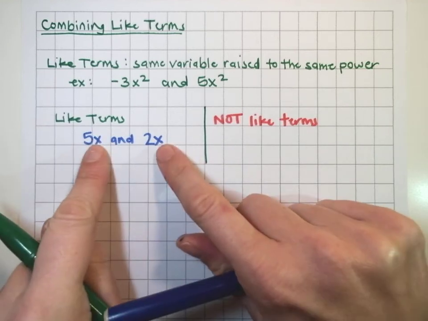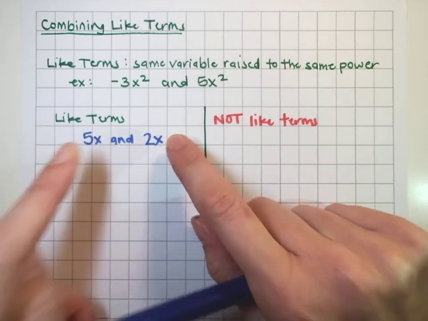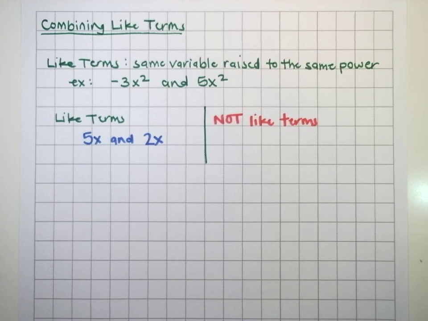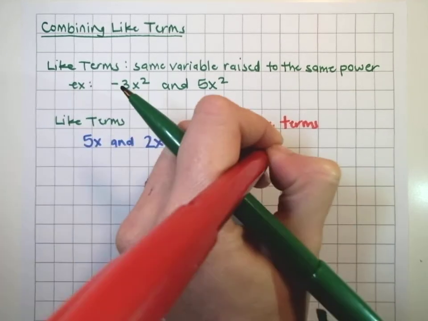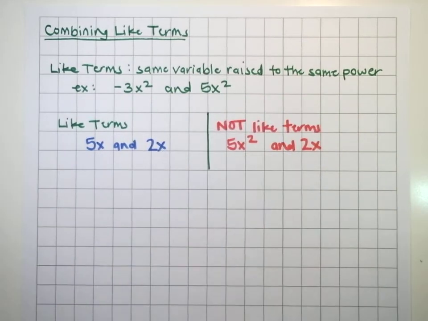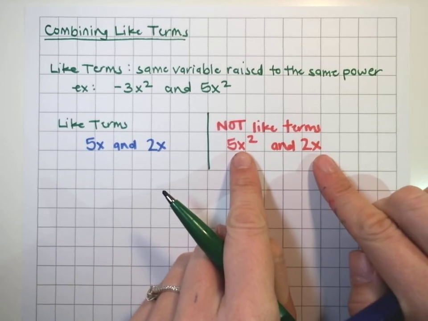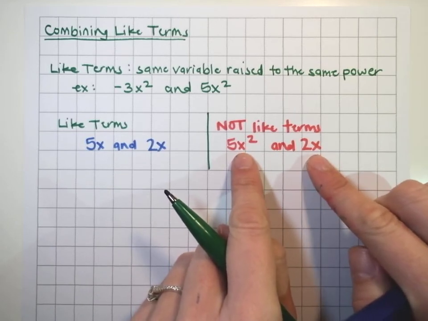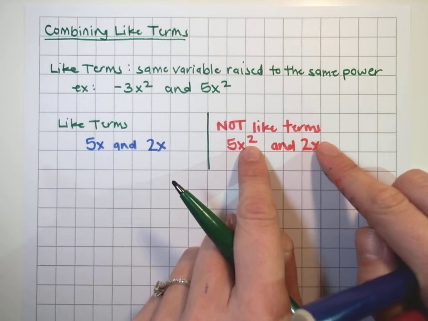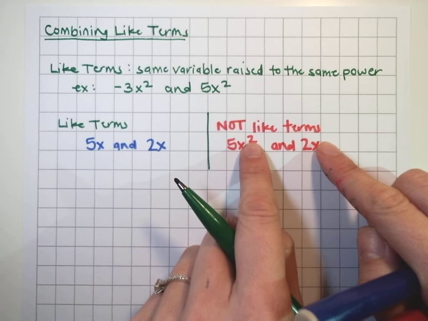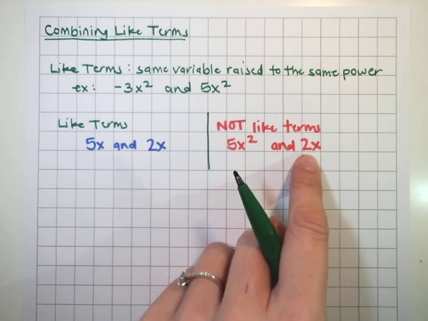They have the same variable, x, to the first power, to the same power. If they were something like 5x squared and 2x, they would not be like terms, because while they have the same variable, x, the power is different. This x is being raised to the first power, and this x is being raised to the second power. So those are not like terms. We would not be able to combine them.